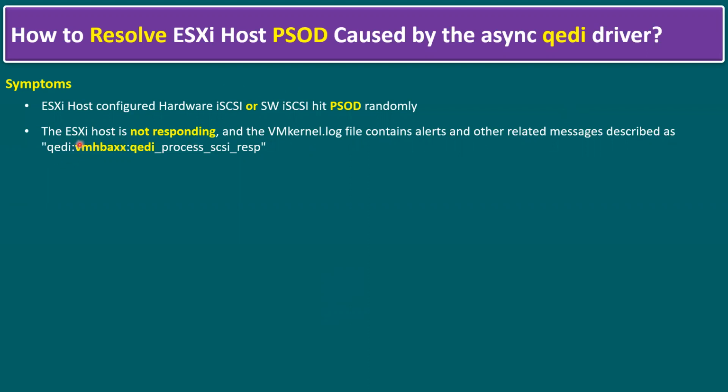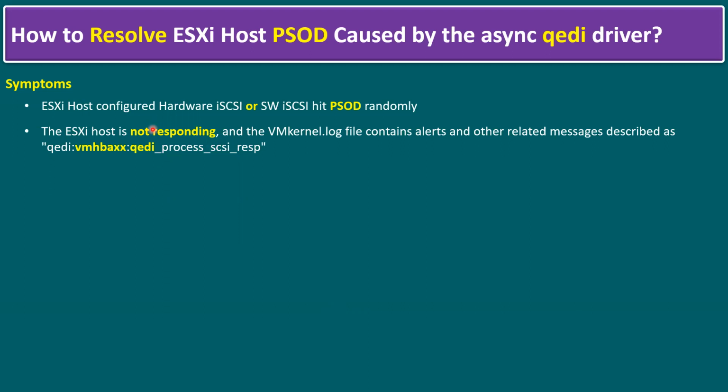The alert message includes VMHBA, where HBA means host bus adapter, and QEDI, which stands for QLogic Extended Data Integrity. This driver also causes the PSOD issue, or the ESXi host not responding issue.